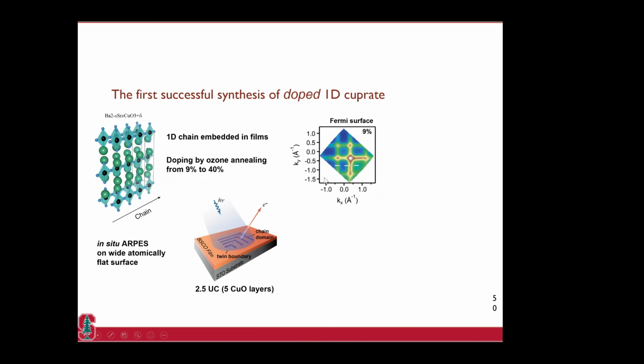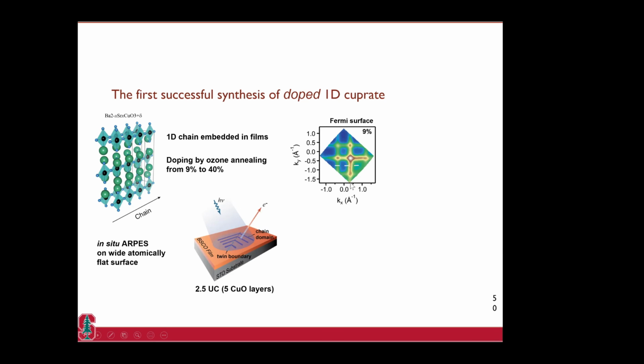So what you see here is a sample which is nominally 9% doped, and you see the Fermi surface is two straight lines. Remember, this is a two-dimensional system. When you grow films, you end up with two domains. So you should interpret this as: the two vertical lines are one domain with a Fermi surface of two straight lines, and the two horizontal ones are another set.